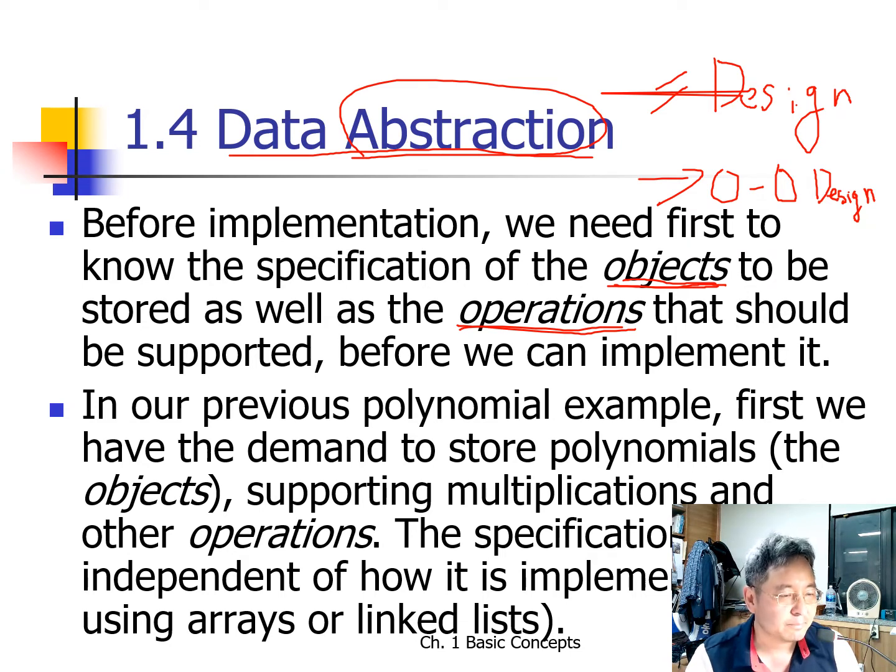If we consider the previous polynomial example, we must have an object to store polynomial data, and we also need some operations on the polynomials. Polynomial is a new data structure.